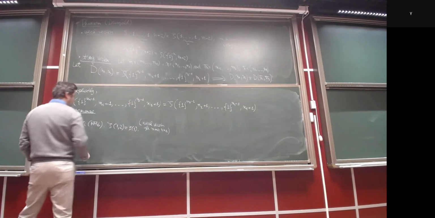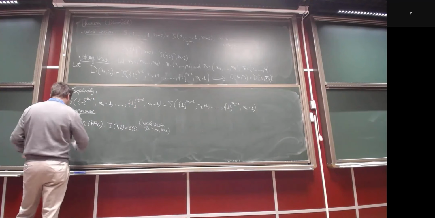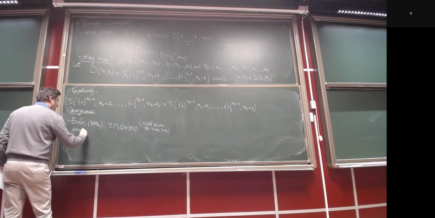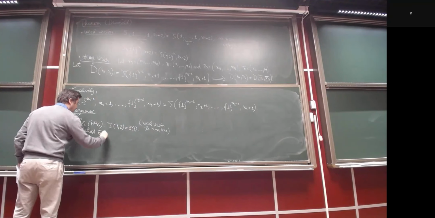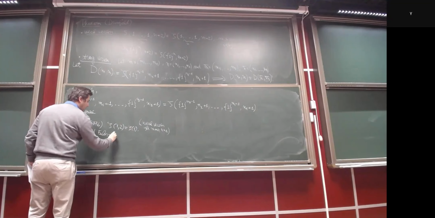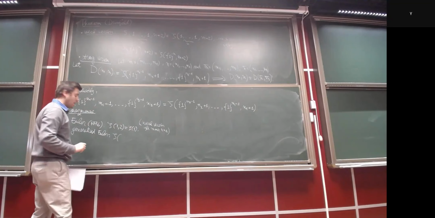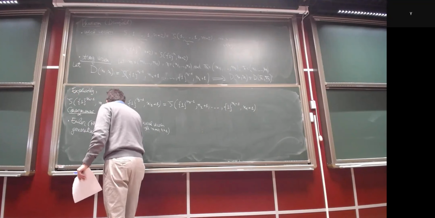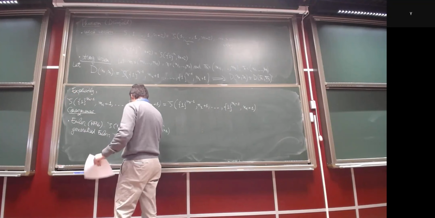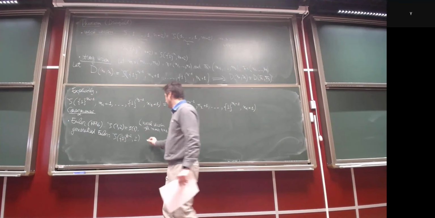But actually, we can prove even more, maybe a generalized Euler. We can actually prove that if we have k minus 2 copies of 1 and a 2 here, this will be zeta of k.